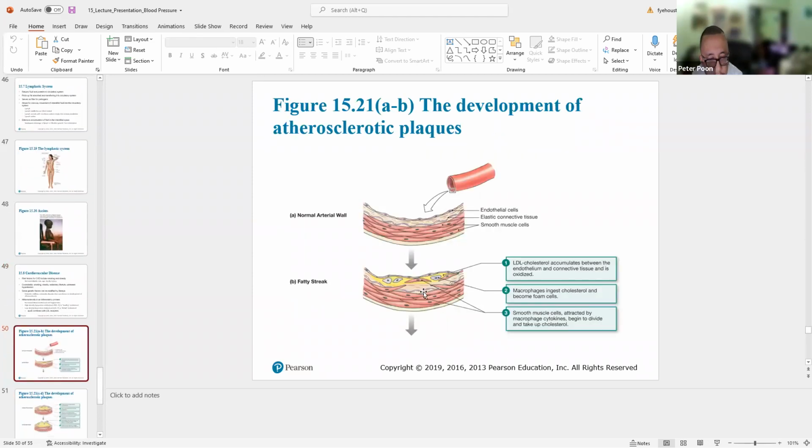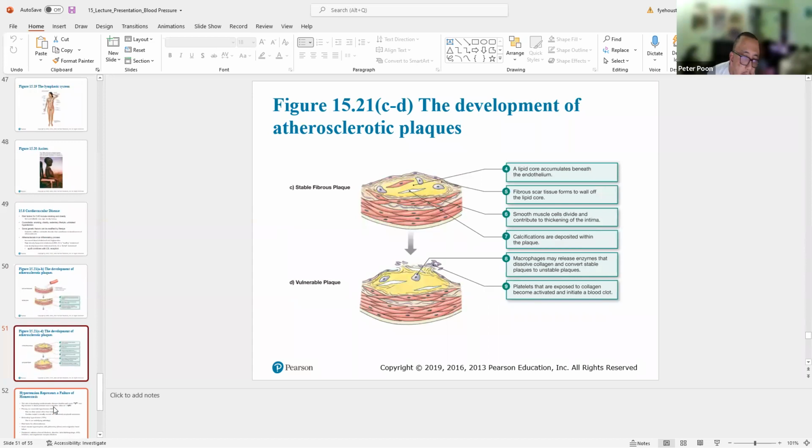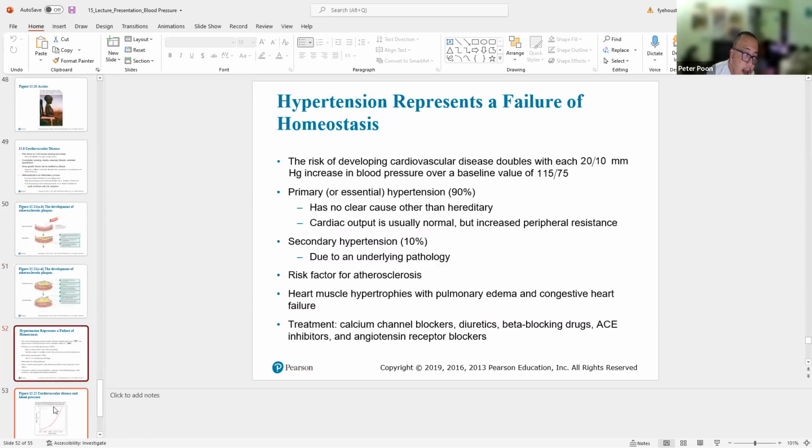Plaques can make the blood vessel smaller. Making the blood vessel smaller puts it under very high pressure, and therefore it can cause damage. I'm sure you guys already know this. Plaques can also shoot off chunks of fat and cause heart attacks and strokes.